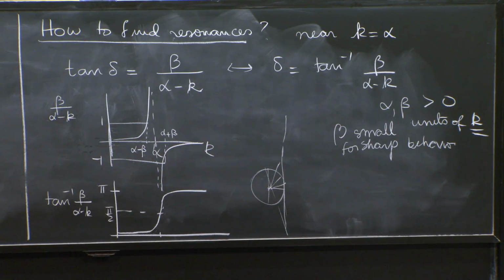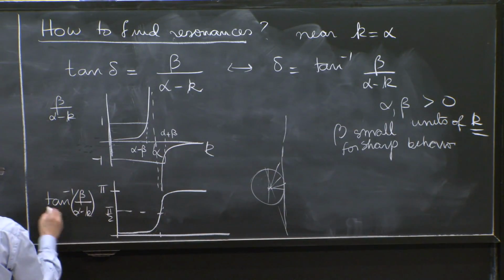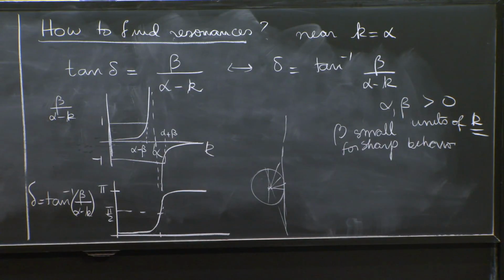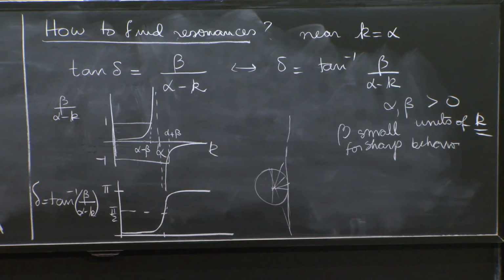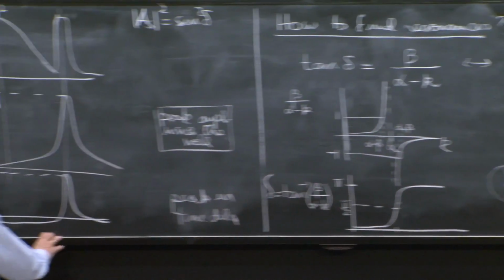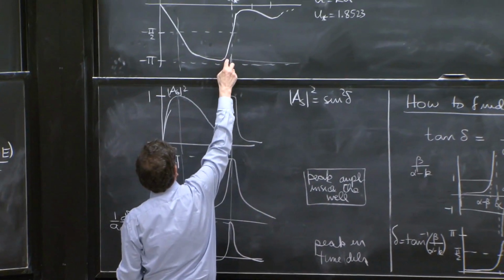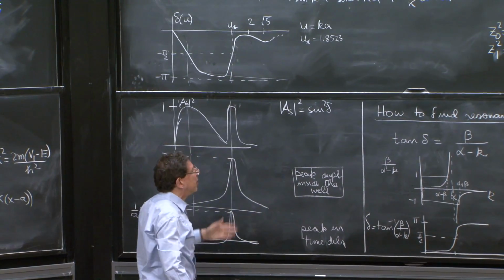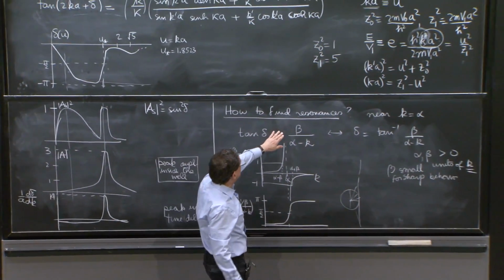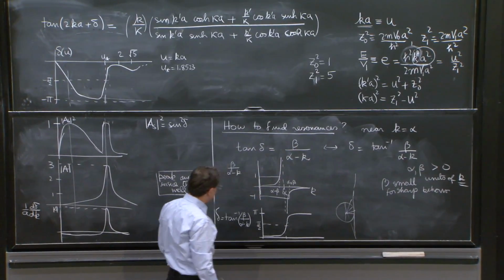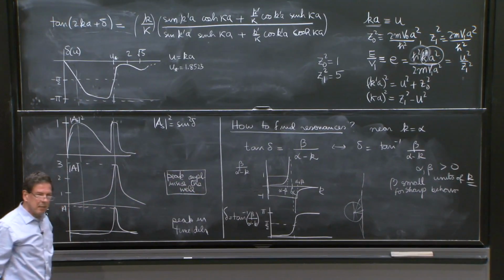So this is the behavior of delta. Delta is this tan minus 1 of beta over that. And delta is doing the right thing. It's doing this kind of behavior. There's a shift. I could add a constant here to produce the shift, but it's not important at this moment.